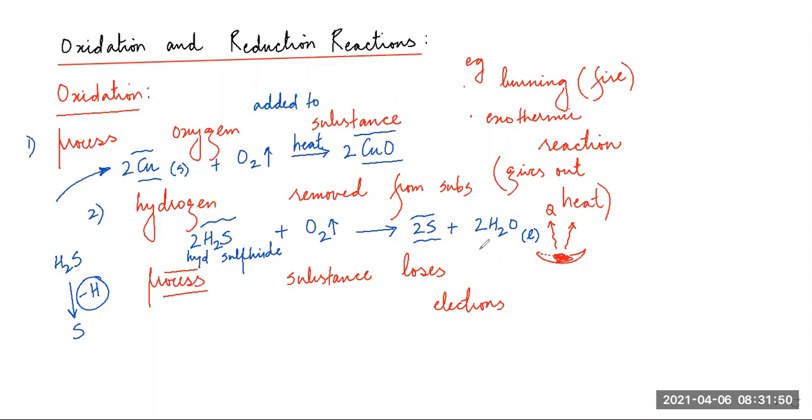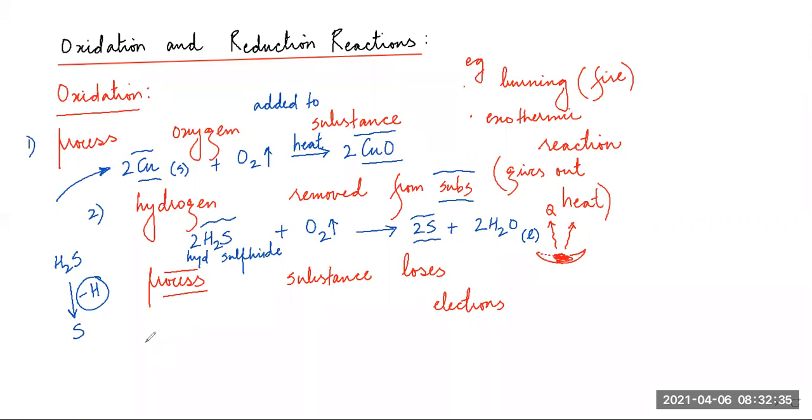Any reaction in which hydrogen is removed from a substance. From which substance is the hydrogen removed? Any student? From hydrogen sulfide, correct, hydrogen is removed. Whereas in the first process, where we defined oxidation as a process in which oxygen is added to a substance, Falgun, in the first example, to which substance was oxygen added? Copper. Correct.